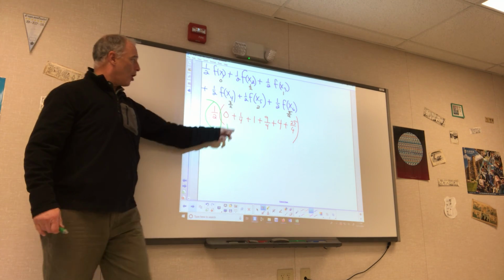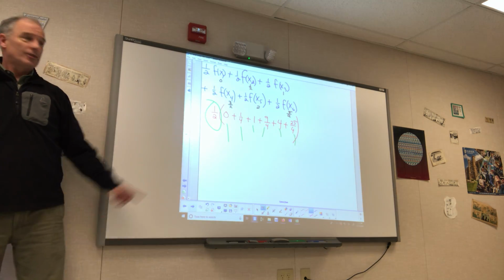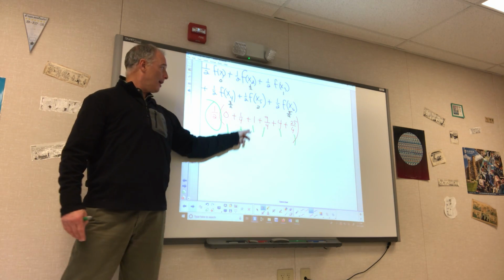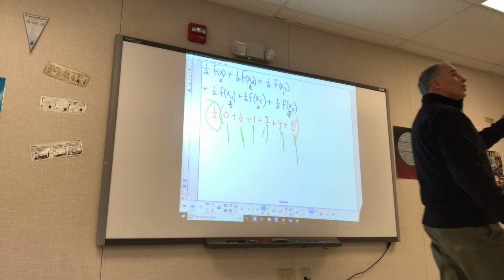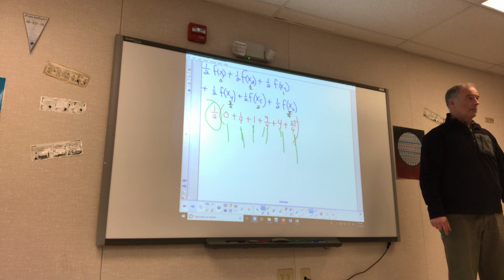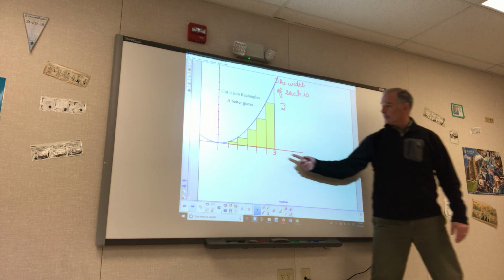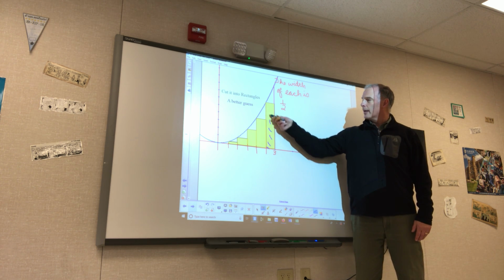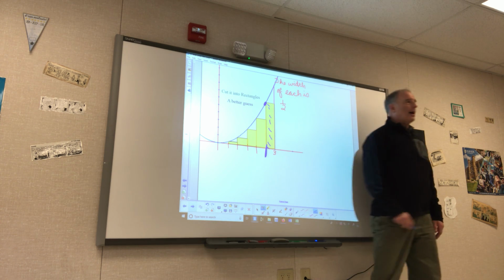And then these are the function values at every one of those points. Notice, I'm going by halves: 0, this is at 1/2, 2/2, 3/2, 4/2, 5/2. Notice there's no function value at 3, because in that last interval, the height of this rectangle is the function value at 2.5.